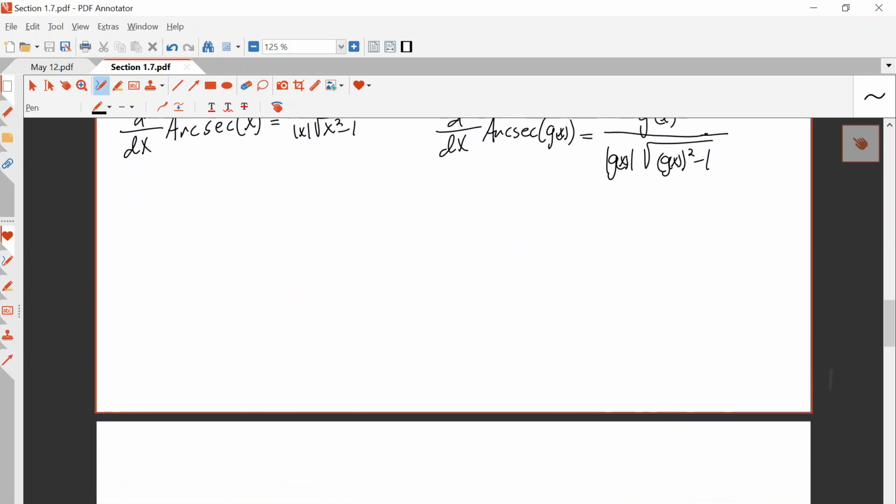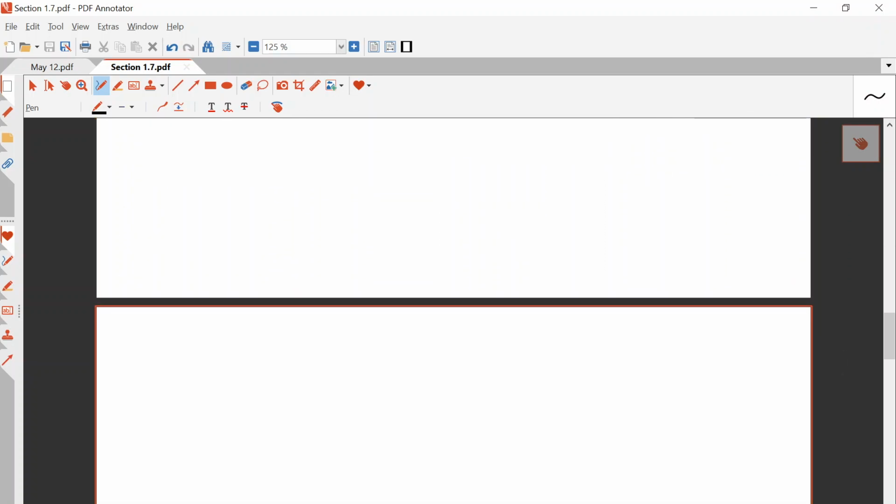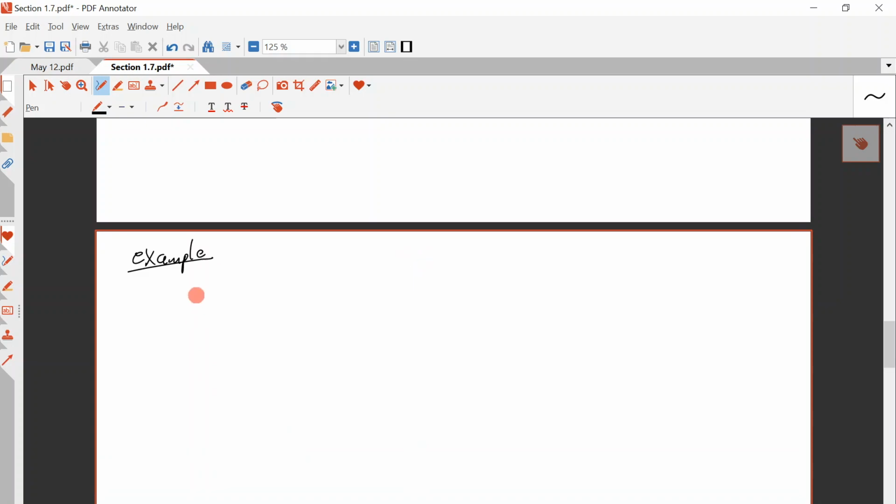Okay, so let's take an example. Calculate the integral, or antiderivative, of 1 over 9 plus 4x squared.